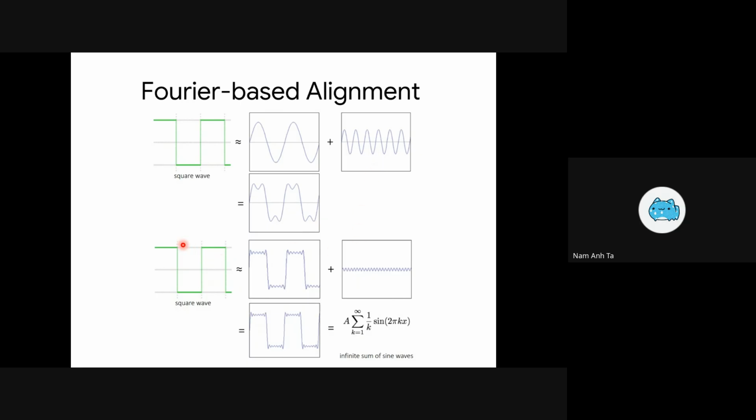In this upper case, you might not notice any difference, but in the illustration down here, we can approximate this square wave with multiple sine waves. Note that even a complex waveform can be decomposed into much simpler components in the frequency domain.